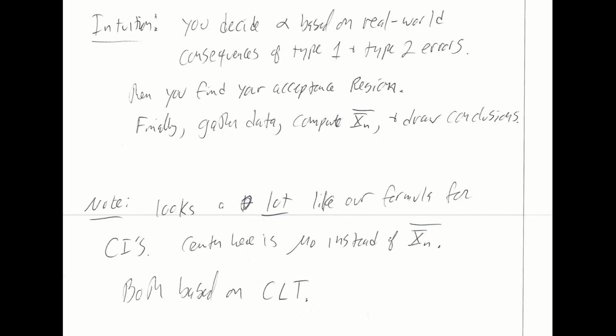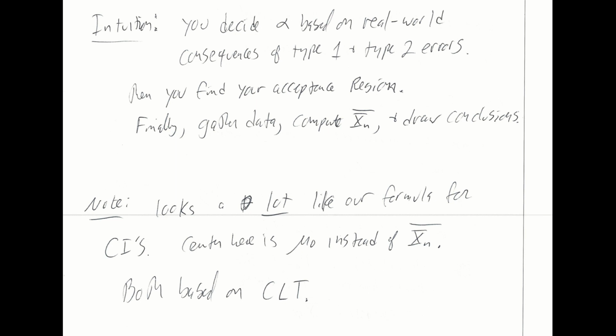So it's the value for the population mean that's claimed by the null hypothesis, whereas the equivalent interval for confidence intervals was centered on sample mean. So you've still got this z sub alpha over 2 sigma over root n expression for both confidence intervals where variance was known, and for these statistical tests of hypotheses, finding the acceptance region when variance is known.